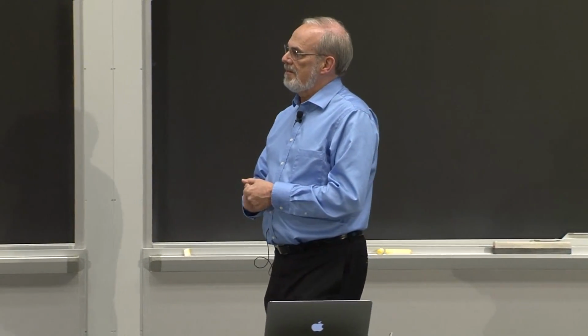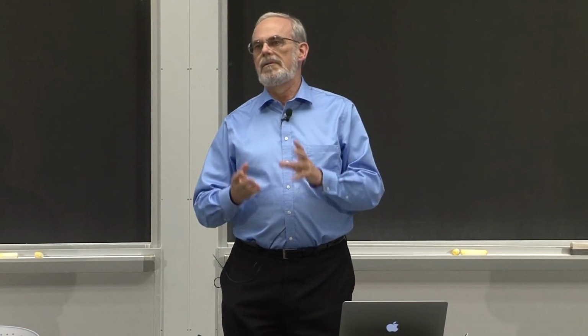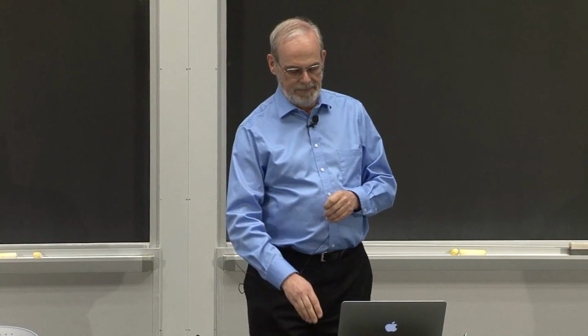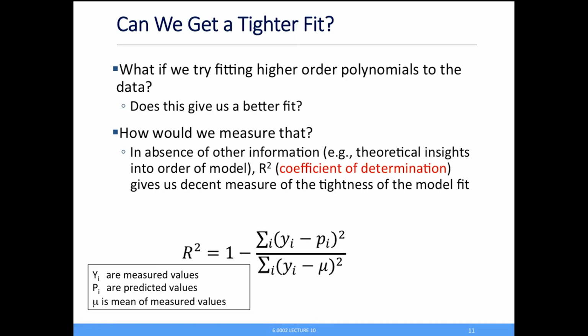And what it does is it basically tells me, with a value between 0 and 1, how well this model fits the data. So just to remind you, in this case, the y's are the measured values. The p's are the predicted values. That's what my model is saying for each one of these cases. And mu down here is the mean, or the average, of the measured values.